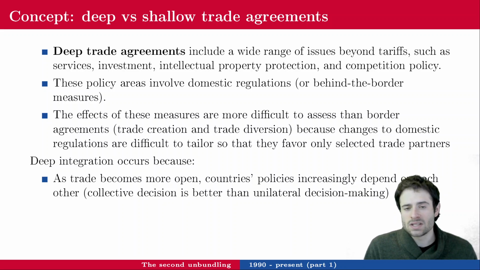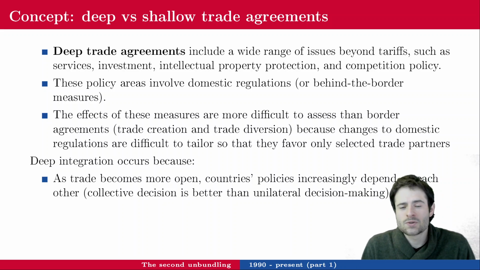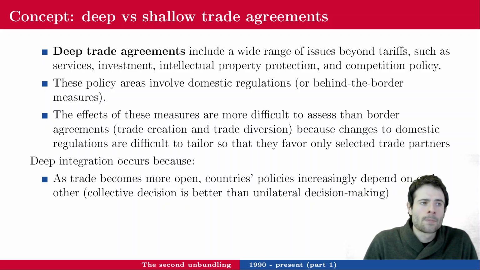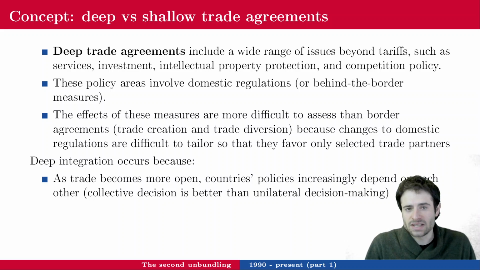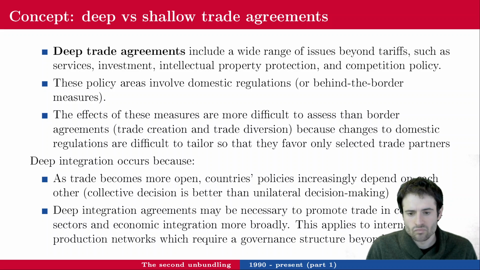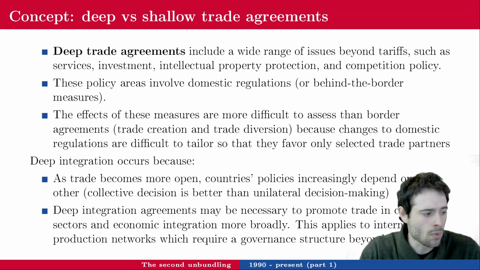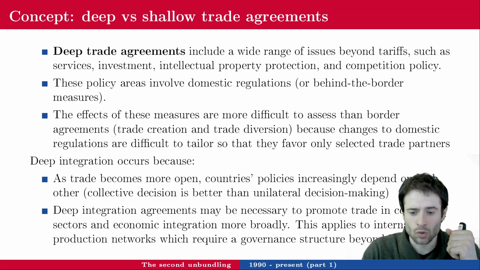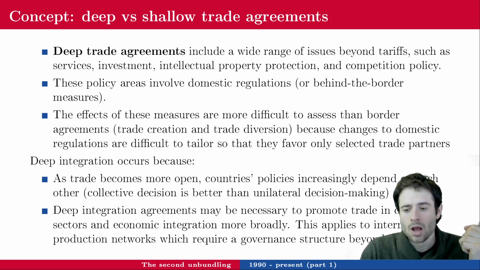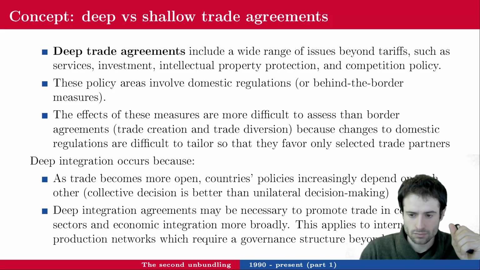If you want to facilitate trade even more, this is also going to depend on where respective governments stand in terms of trade policy. Deep integration agreements may be necessary to promote trade in certain sectors and economic integration more broadly. This applies to international production networks, which require a governance structure beyond low tariffs.